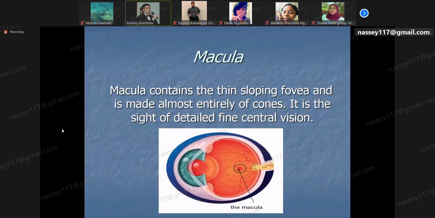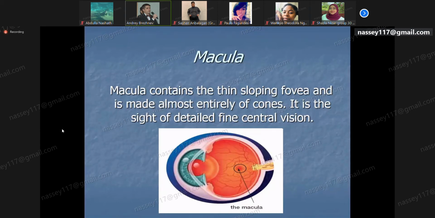The central part of the retina is the so-called macula, which consists mostly of the cones, which are responsible for high visual acuity, for central vision, for vision in bright light, the so-called photopic vision. So this is a very important place. Damage to this place causes severe loss of visual functions like central vision, presence of defects in the visual field, and so on and so forth. Visual acuity drops off rapidly in the perimacular areas.